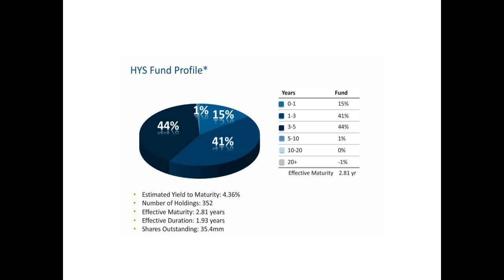And as of March 2014, the index is composed of roughly 352 holdings in the high yield bond sector, with maturities ranging from 1 to 5 years, with an effective maturity of 2.81 years and an effective duration of 1.93 years. Now, this is important because as we know, if you own bonds and interest rates go up, well, the value of your bonds could go down.